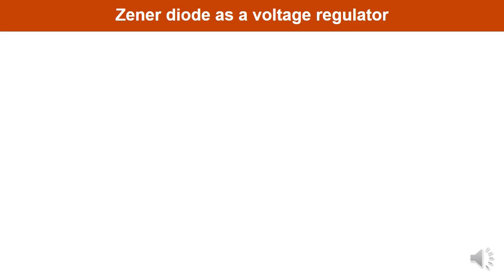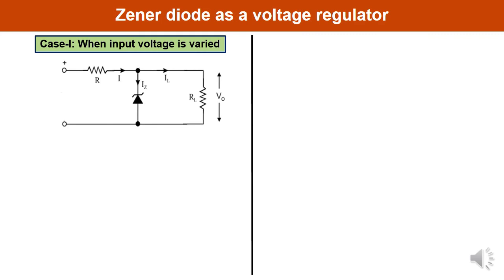Now let us understand and discuss the Zener diode working as a voltage regulator in two different cases. First case is when input voltage is varied. What will happen when input voltage is varying? Let us draw the diagram. Here, if this input voltage, positive, negative, positive, negative, is varying, Vs is the input voltage, which varies.